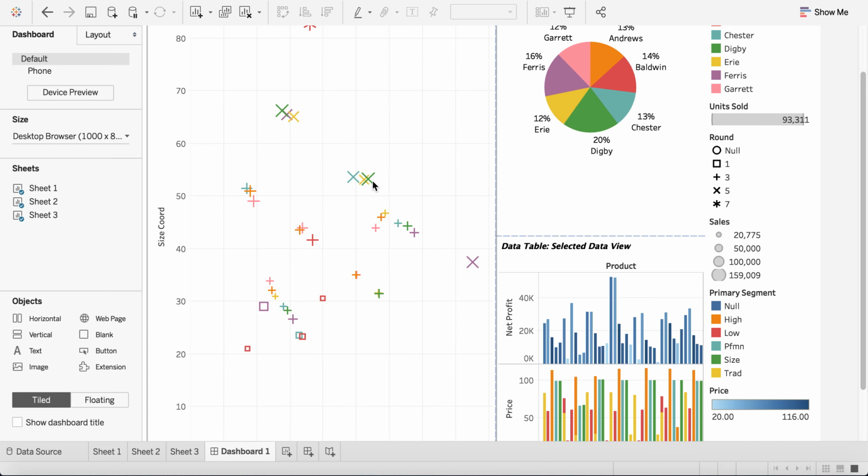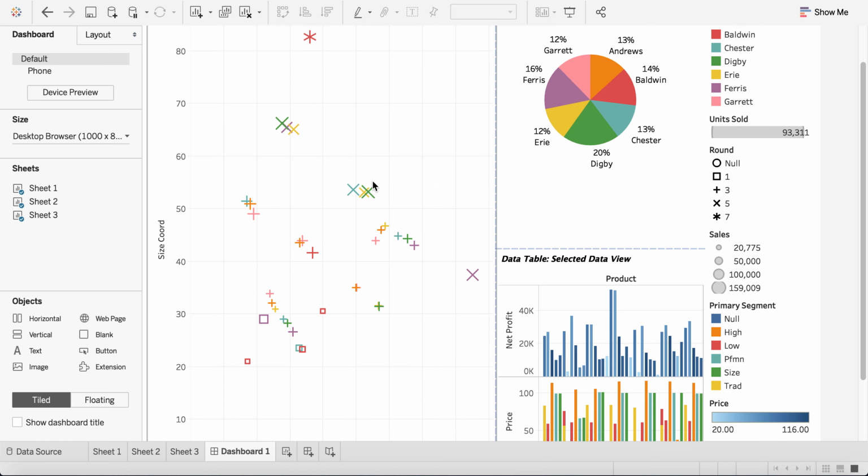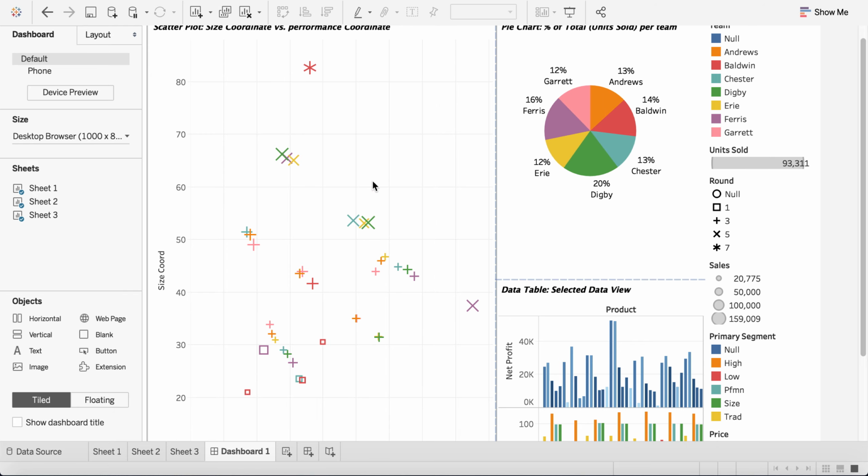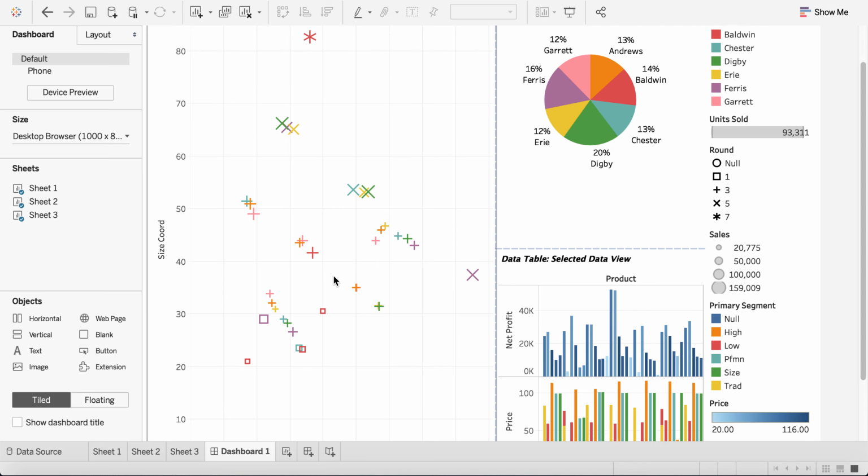Overall, this chart has different sizes and shapes for each of them, and the size represents the amount of sales of the different products.